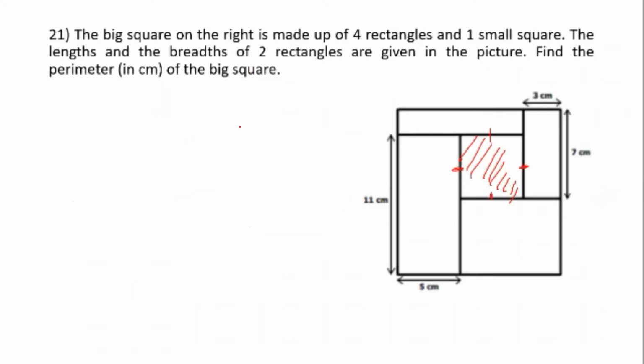Okay, so we know that the sides are all equal. So, let's say that this is an x. So we are trying to find out an equation from this. Let's say that that is an x, then the length here must be equal to 11 minus x, because this is 11.